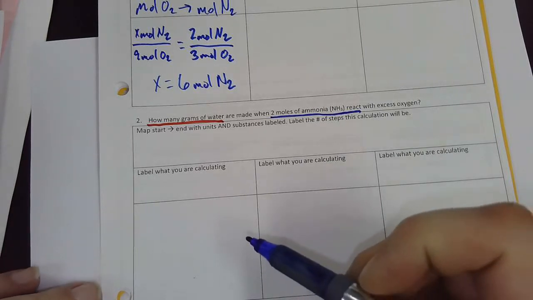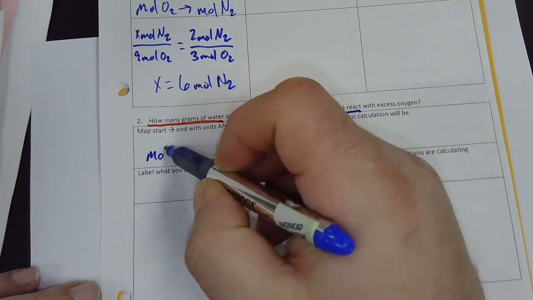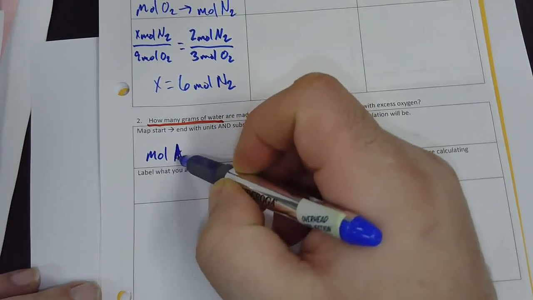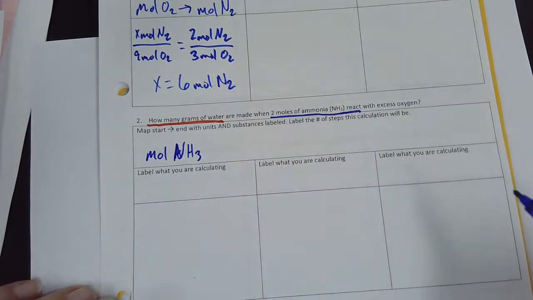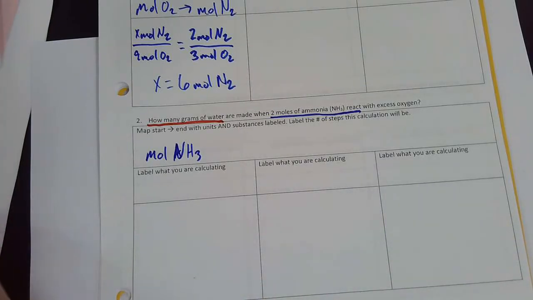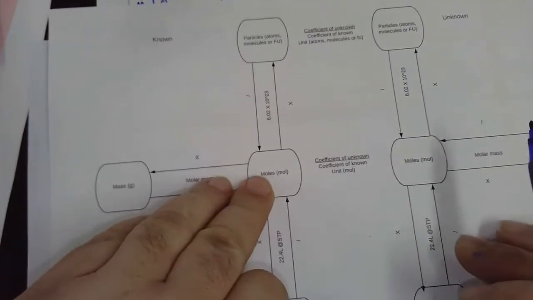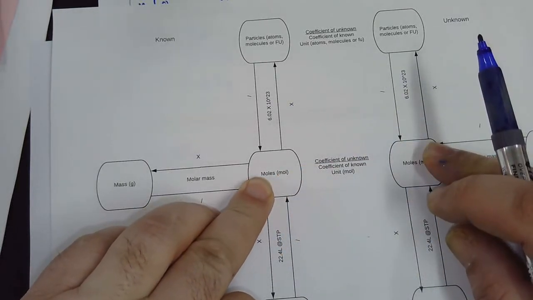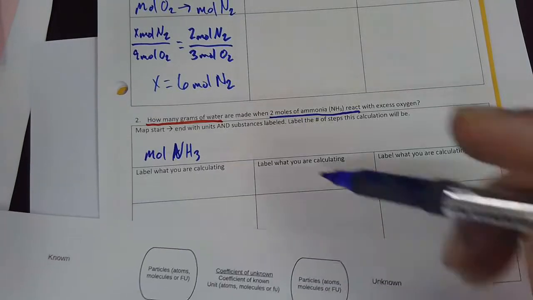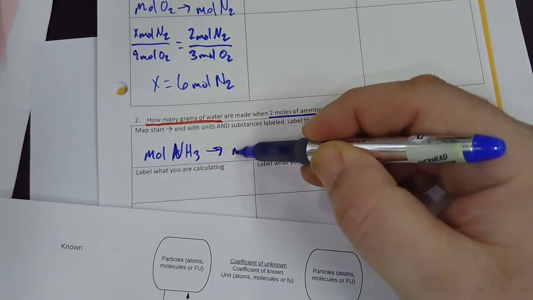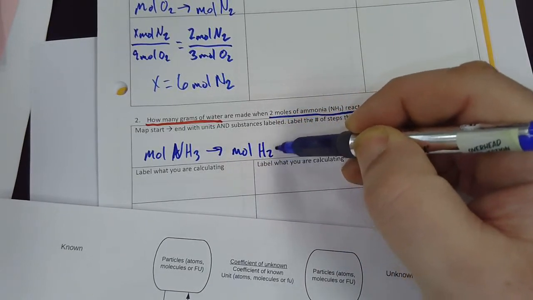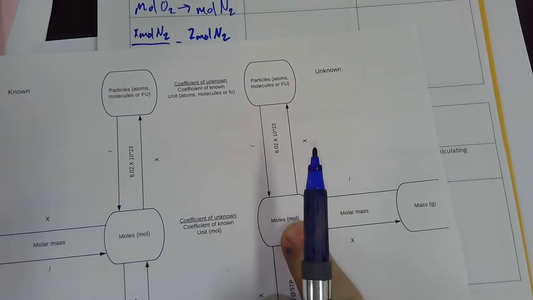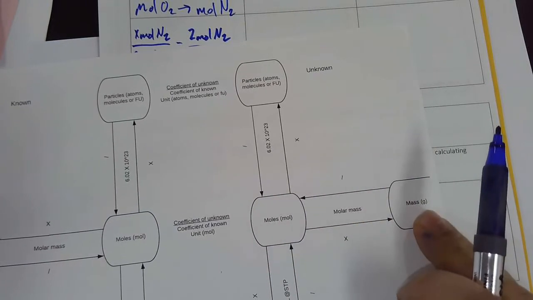So we're starting with moles of ammonia. Okay? The only place I can go for moles of ammonia is go across to my other substance. So now I'm going to go to my moles of water. So now I would be here, and they want to end up in grams of water.